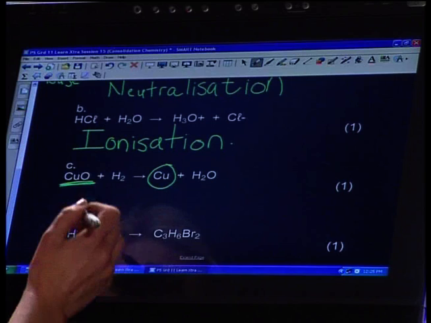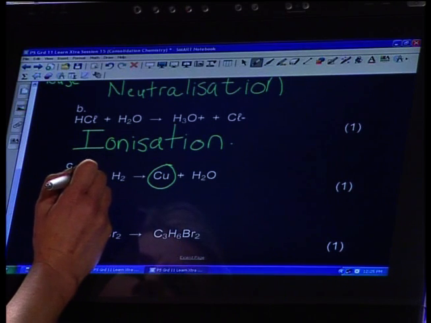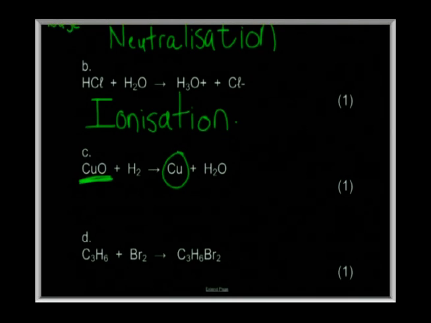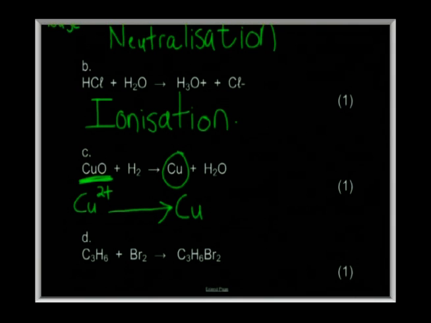So let me show you what I mean. Oxygen, when it's in a compound, has a charge of 2-, meaning that when copper is bonded to oxygen, the copper on the left-hand side has an oxidation number of 2+. Then, on the right-hand side, copper is on its own.